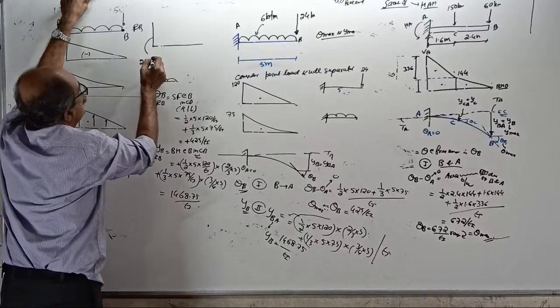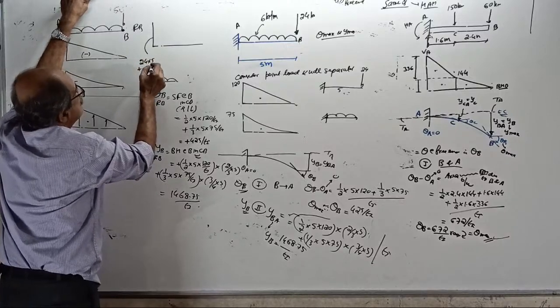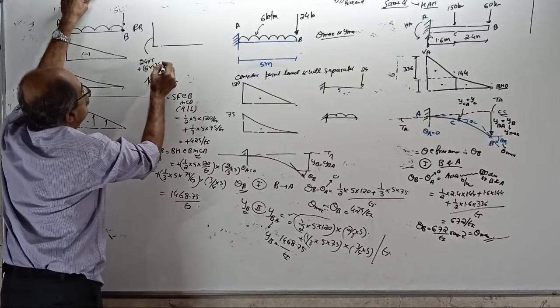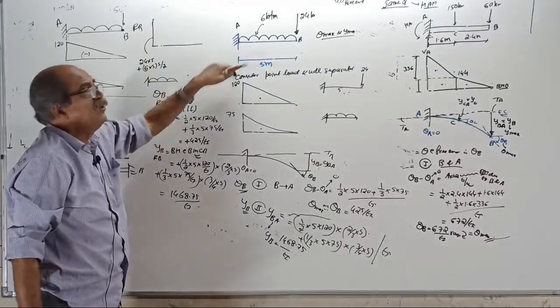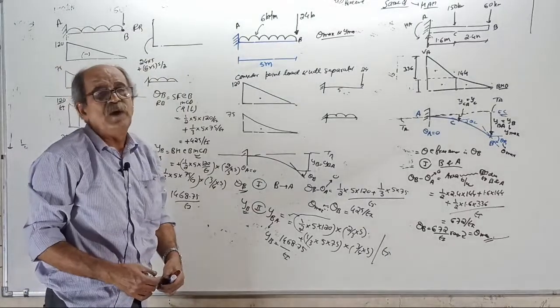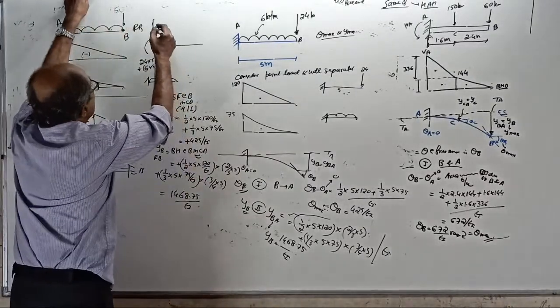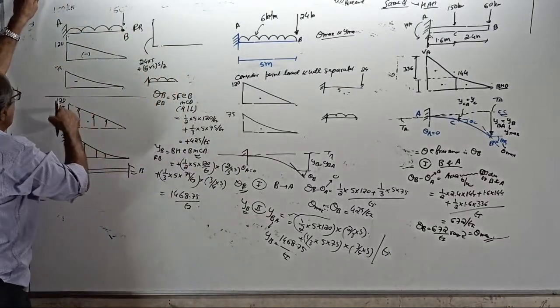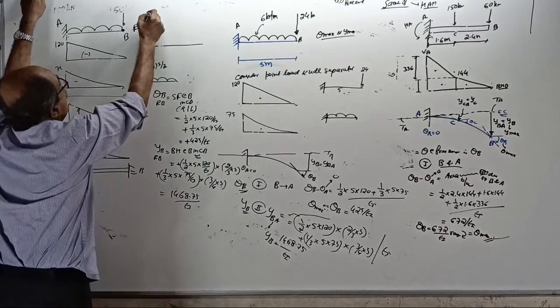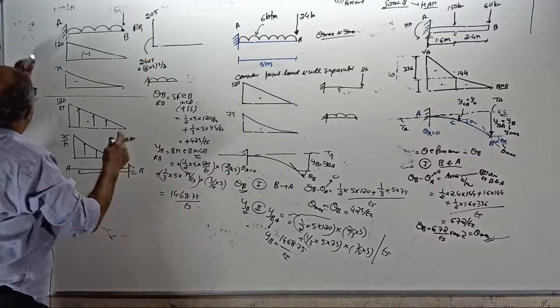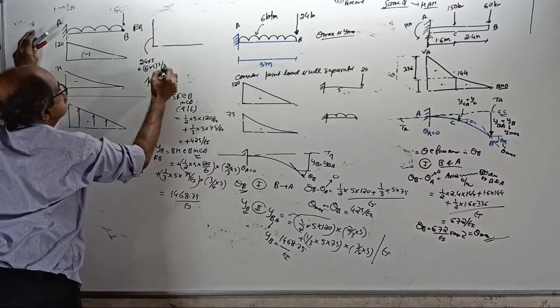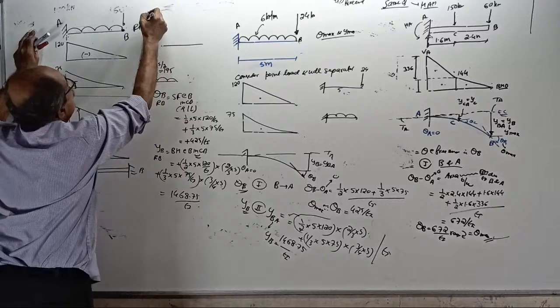It is 24 into 5 for the point load and also 6 into 5 into 5 by 2 due to the UDL. Tell the ordinate, it has to be the sum of these two. Is it 205? Is it 200? Is it 195?